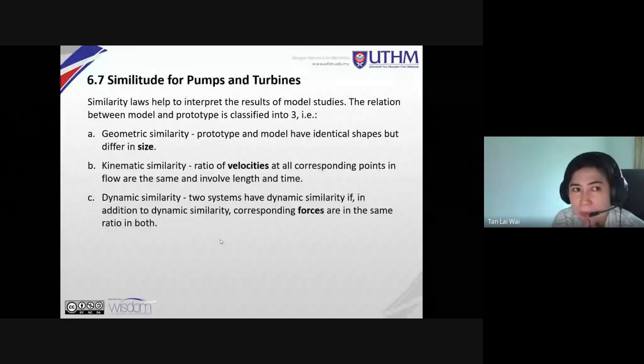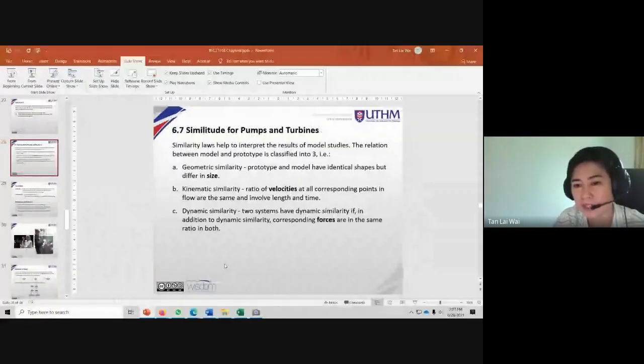If you still remember, when you are trying to develop formula using Buckingham Pi theorem or Rayleigh theorem, you actually do some similarity analysis, right? So let's take a look at what is it about this geometric, kinematic, and dynamic similarity.